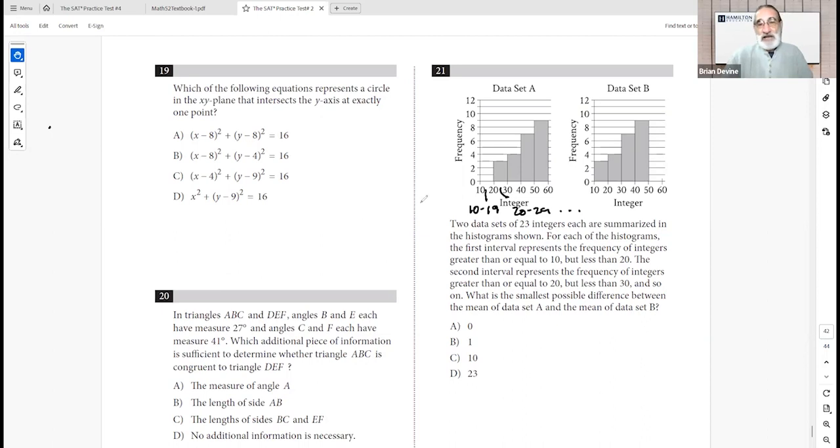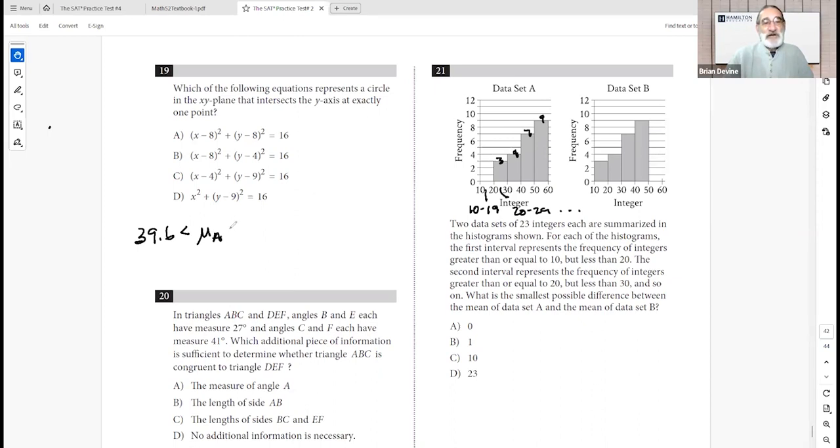Well, if I did have to add up, I could look at what the mean would be interval-wise. So if I added up in A that I had 3 20s and 4 30s and 7 40s and 9 60s, and I added those all up and divided by 23, I'm going to get that the mean would be 39.6.